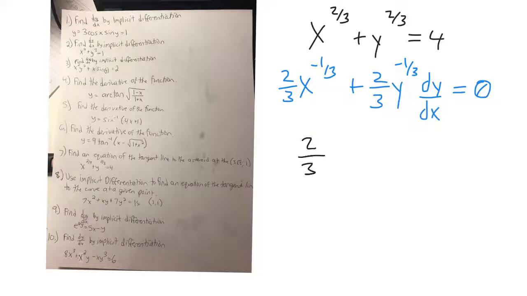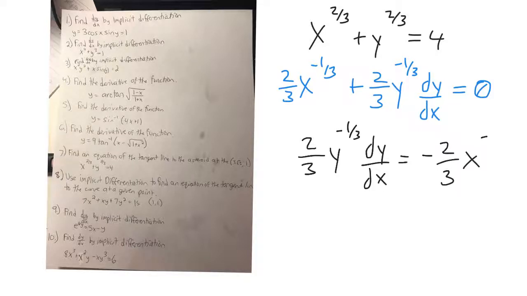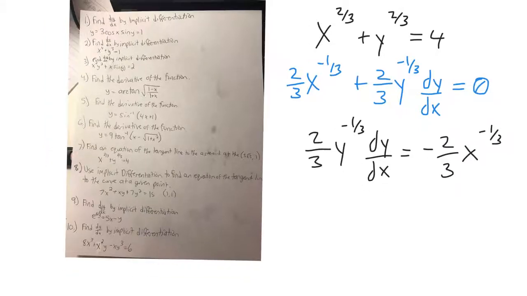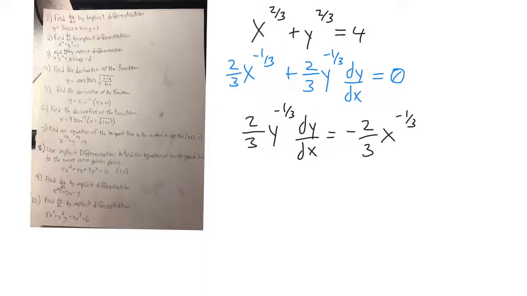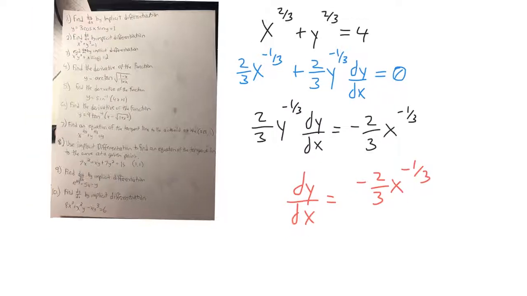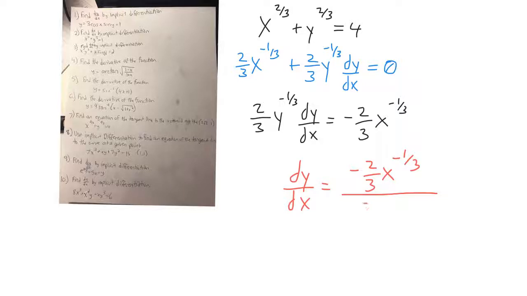That would leave this left over. We'd have negative 2/3 x to the negative 1/3 here. And then from there, dividing both sides by 2/3 y to the negative 1/3 would give me this up top and this down below.